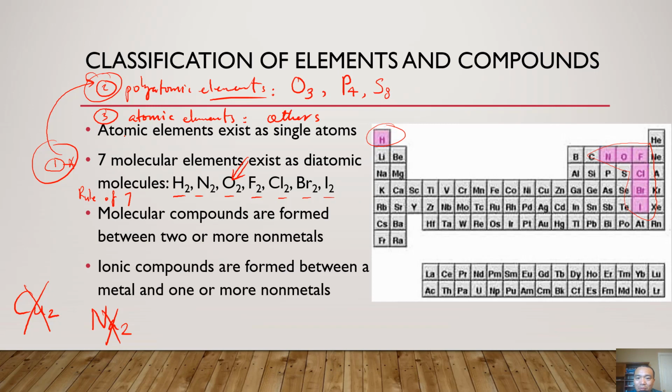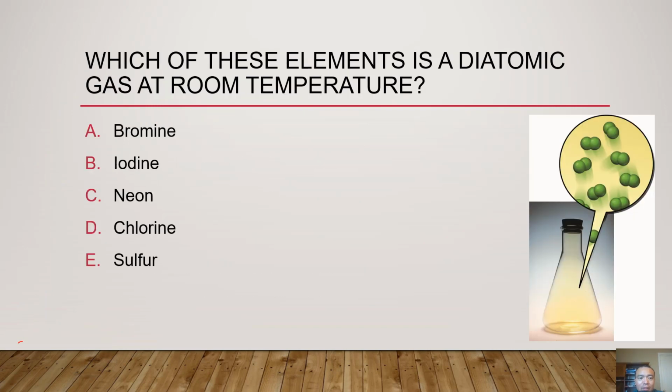Let's look at some examples. Which of these elements is a diatomic gas at room temperature? This question is actually more difficult than you think because there are 2 things you have to figure out. First, it must be diatomic. We do know the rule of 7. When you look at the periodic table, you would be able to remember those 7 elements.